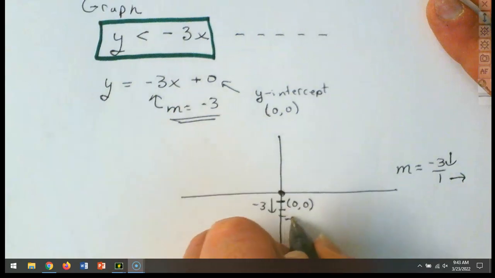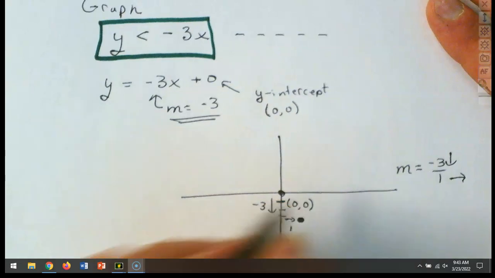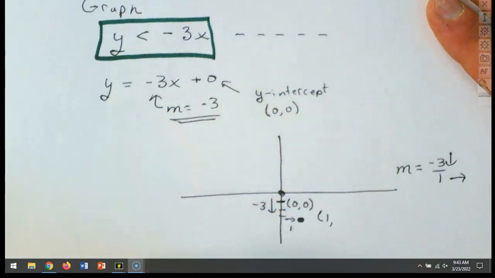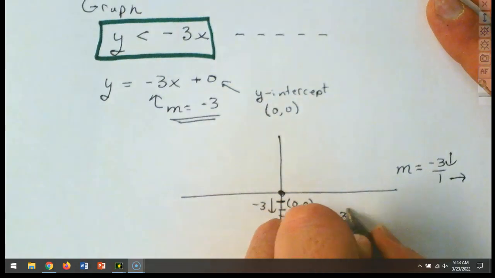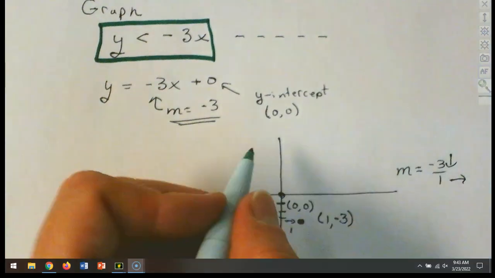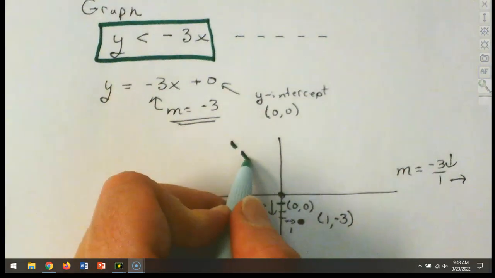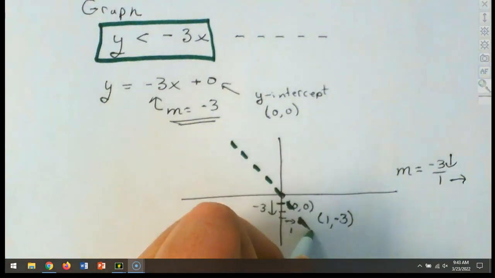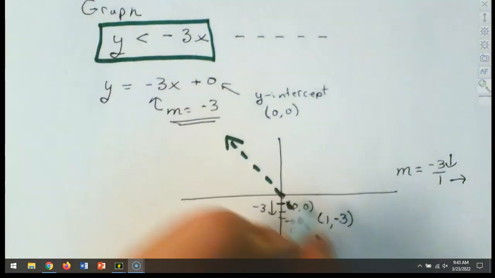Down 3 over 1. That makes my new point then 1 comma negative 3. And we connect them together with a dotted line.